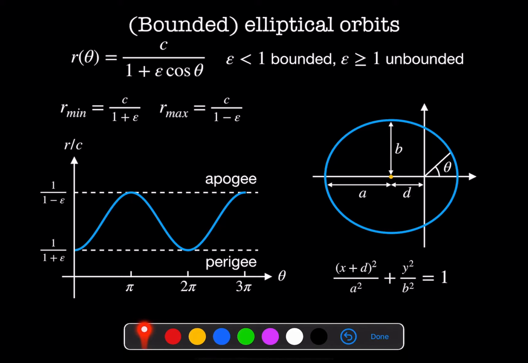And we can write down an implicit equation here: (x plus d) squared divided by a squared, the semi-major axis, plus y squared divided by b squared, or the semi-minor axis, is equal to 1.